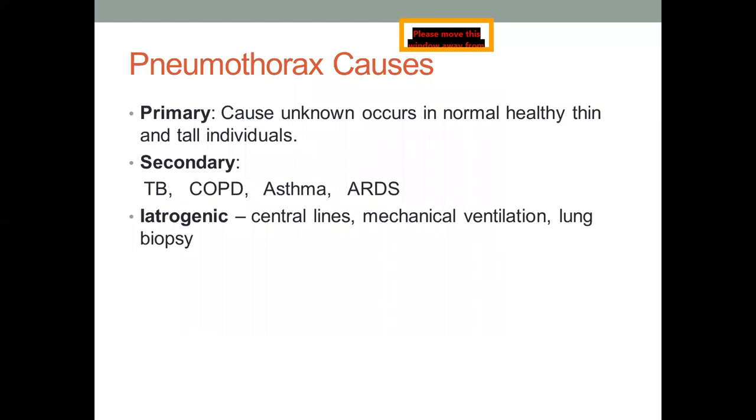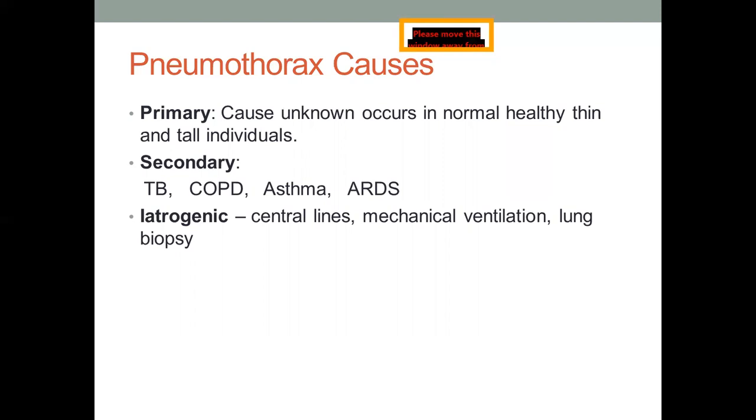Now we will discuss the causes of pneumothorax, which may be primary. In primary pneumothorax, the cause is unknown, and it is usually present in normal healthy individuals. Sometimes in thin and tall individuals, primary pneumothorax is common.